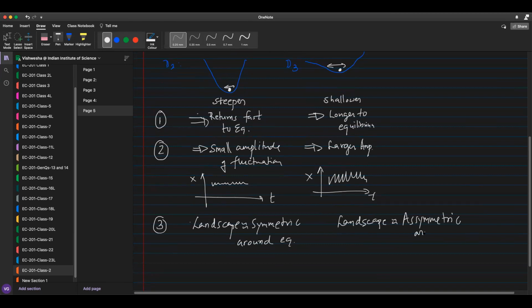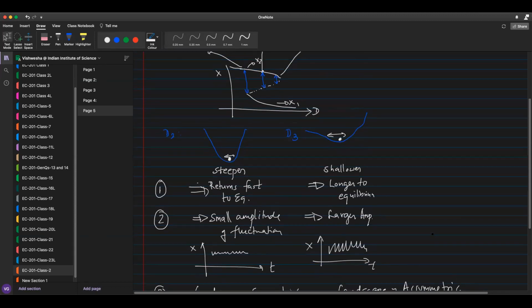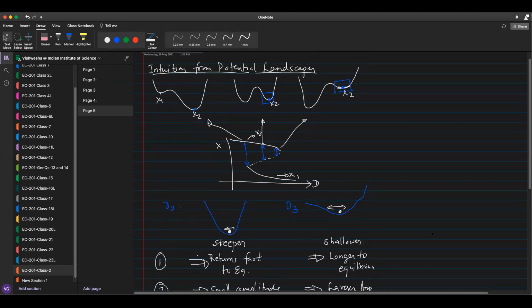Won't that depend on the scale at which you're looking, like how much you magnify? Yeah, absolutely true. So we're looking at a scale where the shift hasn't happened. Shift will not happen. Which means I'm not looking at very large deviations, but still large enough deviations, somewhere at intermediate scales of deviation.